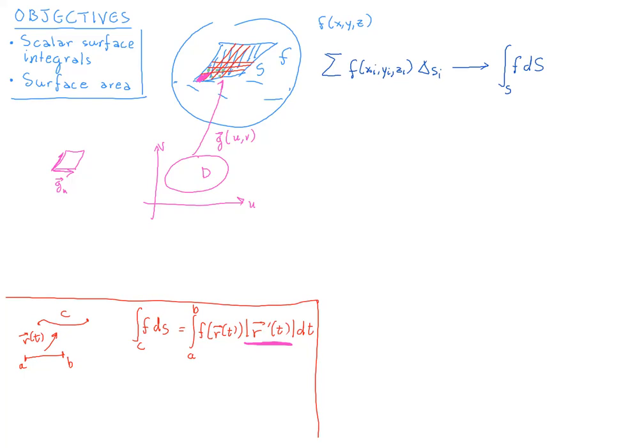When we do that, the area of this parallelogram, which can be thought of as very close to the area of this small part of the surface, is equal to the magnitude of the cross product of the two vectors. It's exactly this component which is going to appear in our integral.